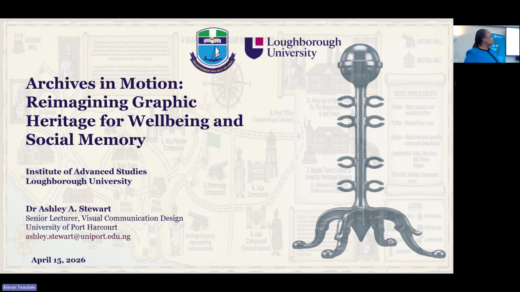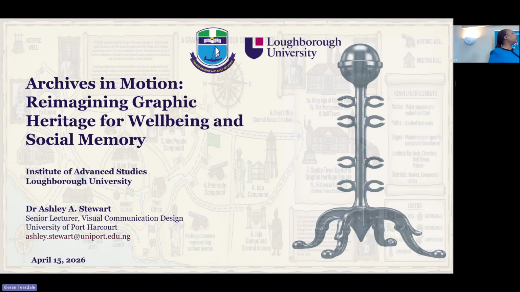So this seminar will explore how design research can help to recover and interpret visual knowledge systems that exist outside of contemporary alphabetic writing and institutions such as libraries and museums.